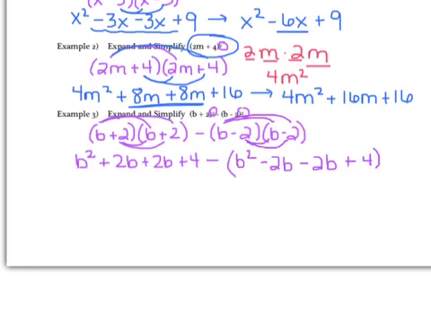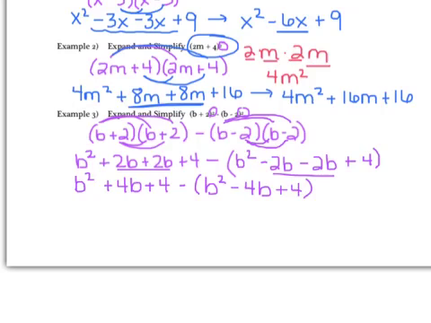Okay. I'm going to go ahead and simplify each side here. So here I would end up with B squared plus 4B plus 4 minus, and then here I'm just putting together those middles. So this would be B squared minus 4B plus 4.